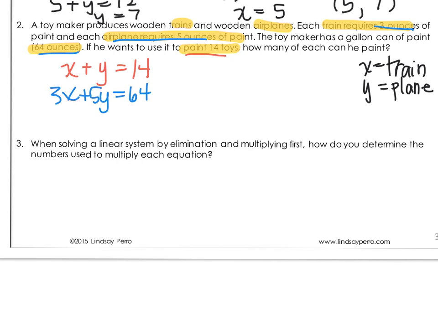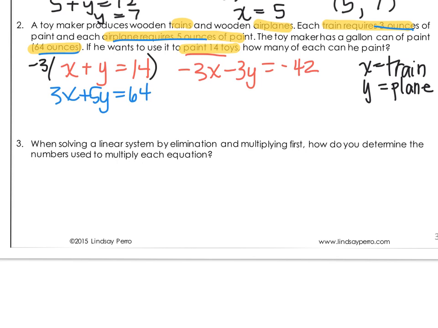Now when I'm looking at elimination, whenever I have a coefficient that is 1, it's pretty easy to just multiply. So if I want to eliminate my x's, I need to multiply the top by negative 3. And that will give me negative 3x minus 3y equals negative 42.